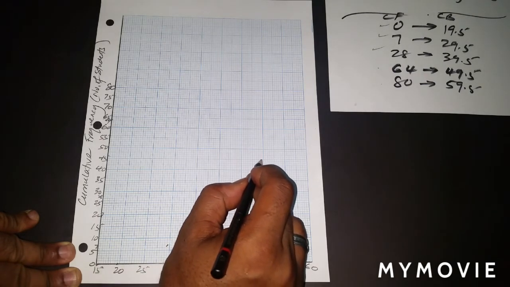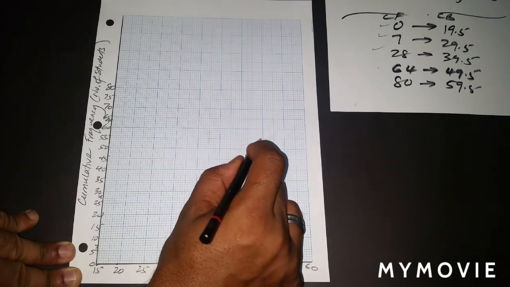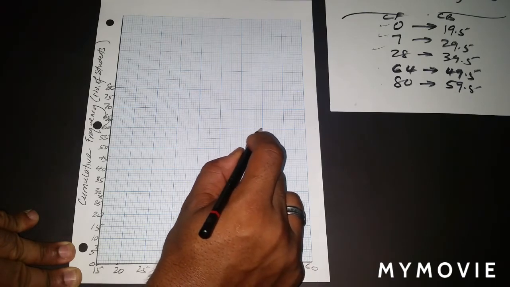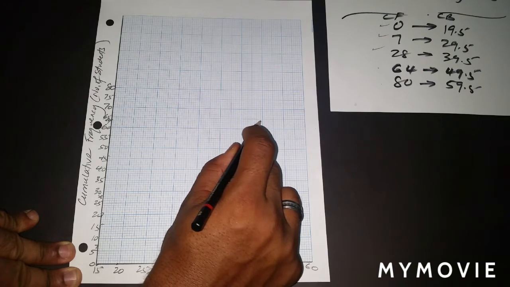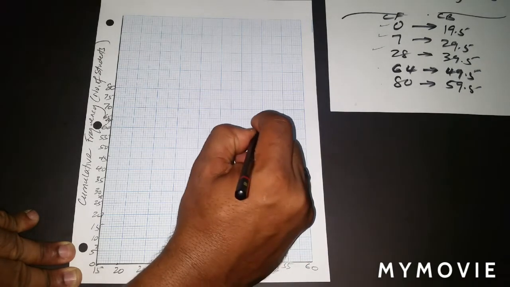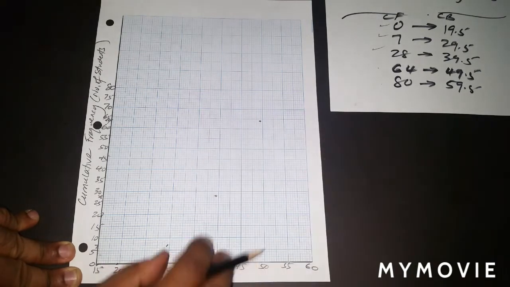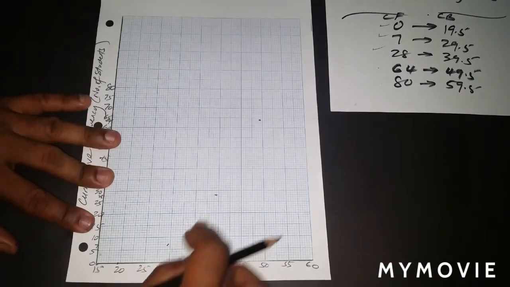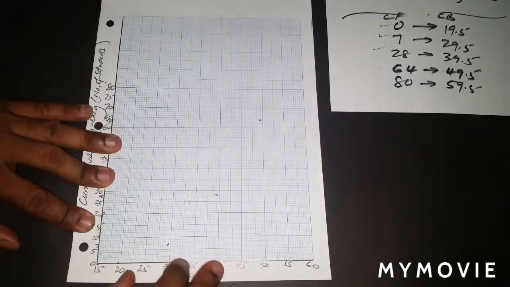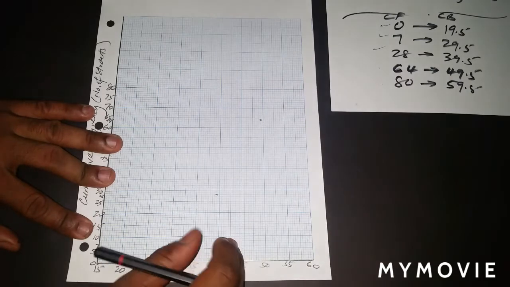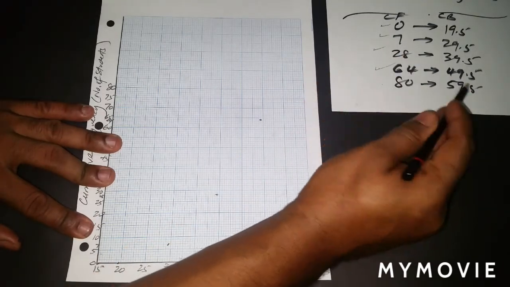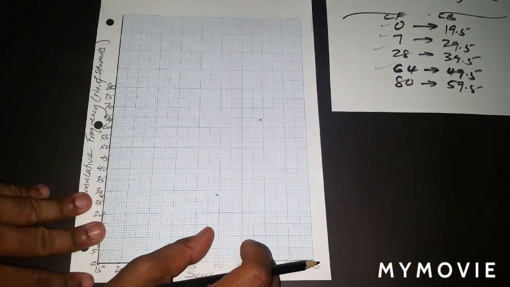This is 40, 45, 50, 55, 60, 61, 62, 63, 64. Right there. All right, so you take your time and make sure you don't make any mistakes. And you can clearly see that it's making a nice little curve, that little characteristic S shape. And then the last one would be 80 maps up with 59.5.